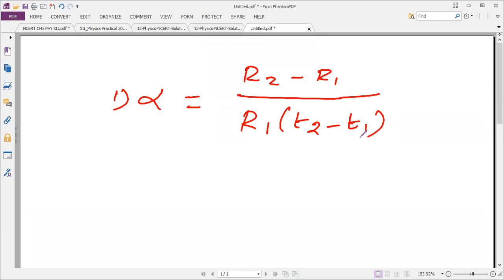So T1 means initial temperature, T2 is the final temperature. Maybe they will ask to find the final temperature also. So that is the first one, finding the final temperature T2.